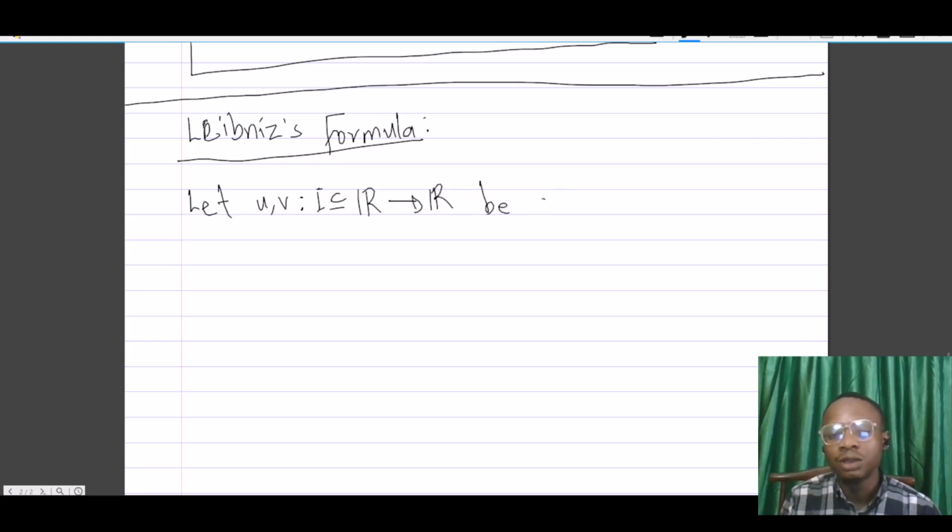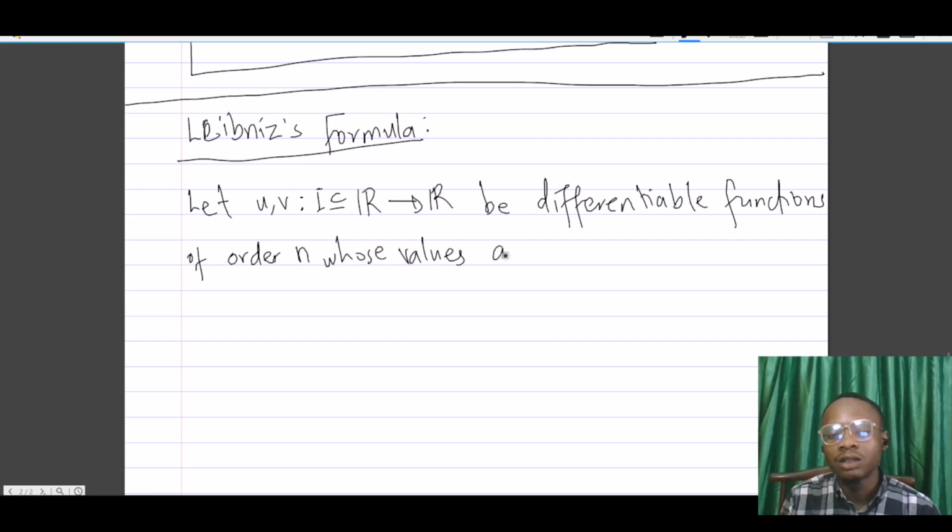Let these two be differentiable functions of order n, whose values at x are u of x and v of x respectively.